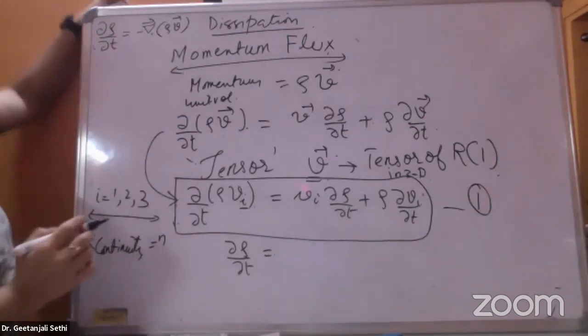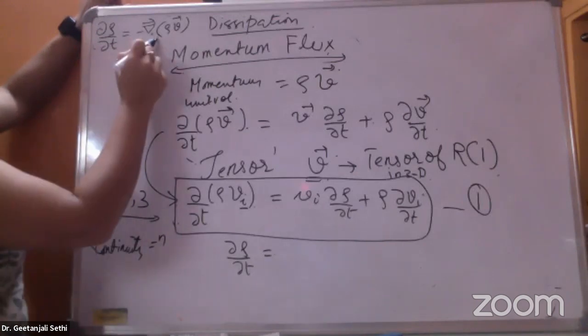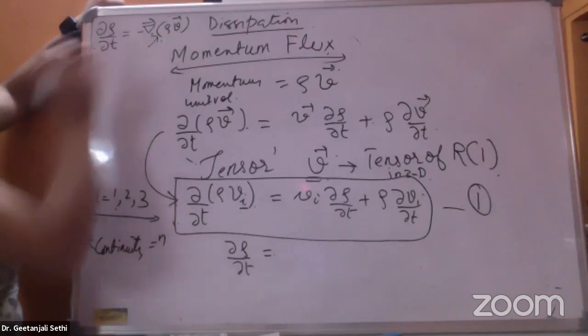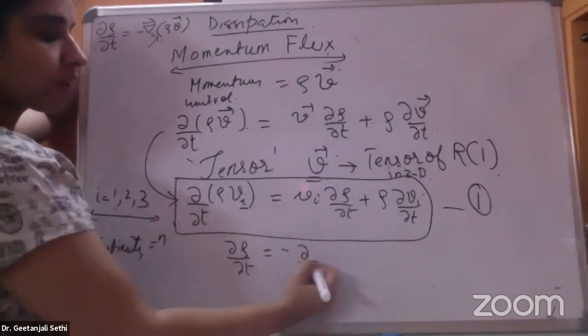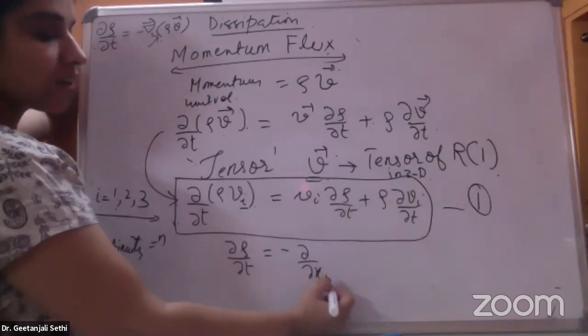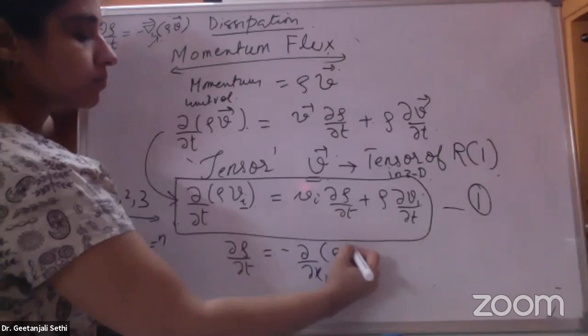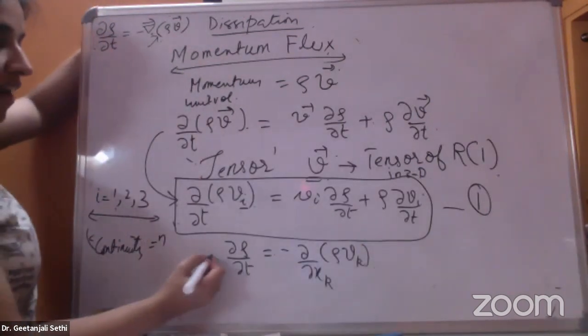Now I'm going to write this equation also in tensor form. You know this is a vector operator, so in tensor form I can write this as a divergence.